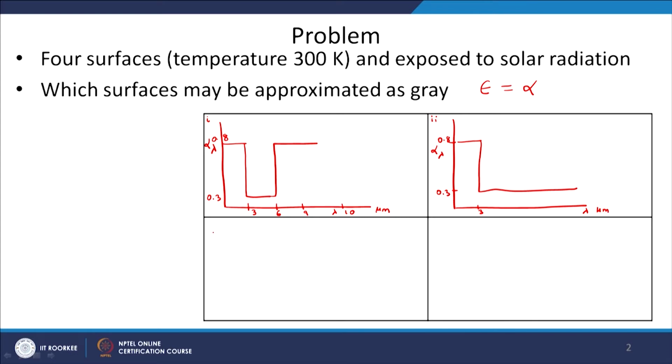For the third surface, the spectral absorptance is 0.3 in the spectral range 0 to 3 micrometer, then 0.8 in the range 3 to 6 micrometer, and then again 0.3 beyond 6 micrometer.